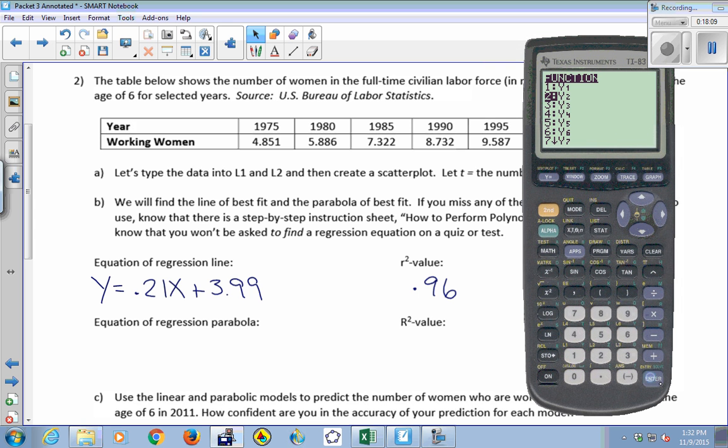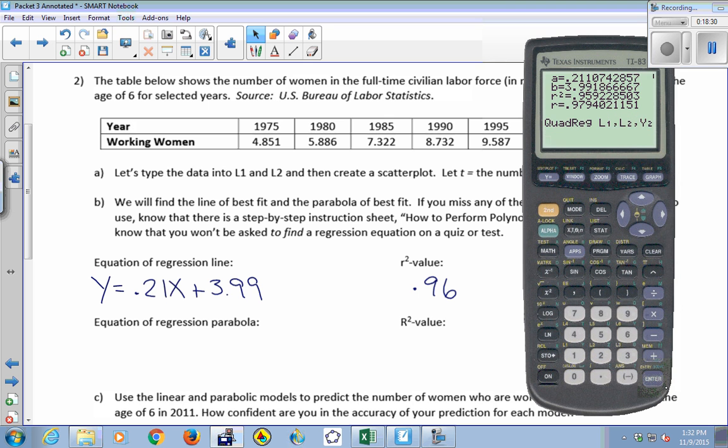Actually, I'm going to choose Y2 this time because I want to have both of the equations stored. Now, some of you may have your data in lists other than list 1 and list 2, like if list 1 were deleted and you were using list 2 and list 3. In that case, in your command, you want to have list 2, list 3, Y2.